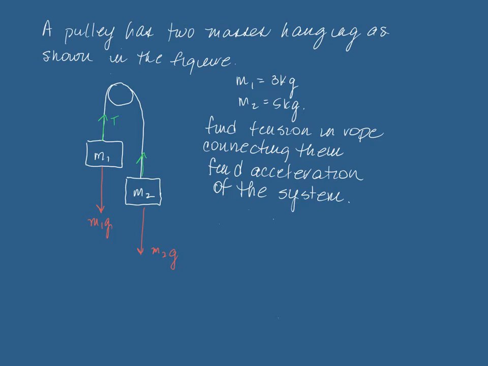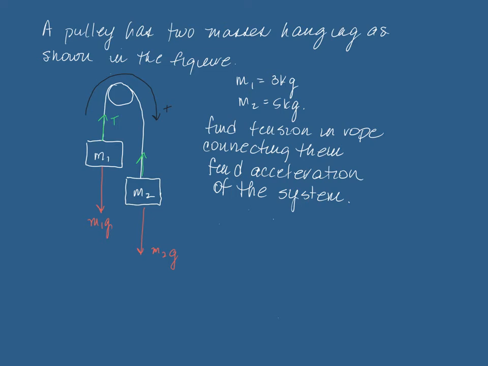Okay, so now the next step is to choose your direction as positive and then apply Newton's laws, F equals ma, to both objects to get two equations. So why don't you pause the video now to see if you can do that on your own. Okay, ready. So I chose the positive direction to be this way, which gave me two equations.